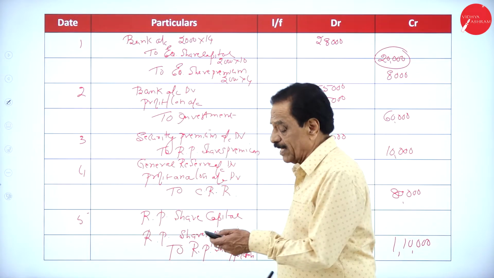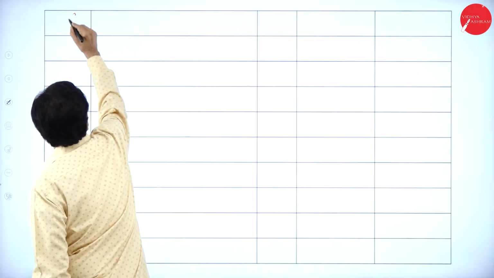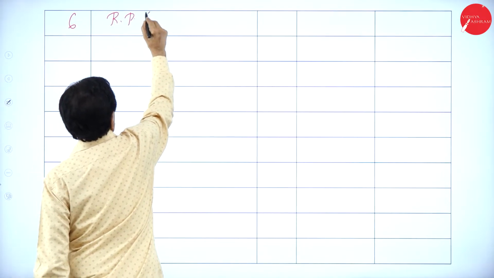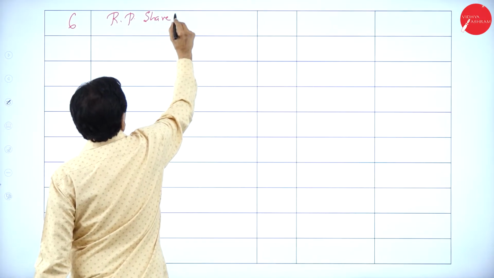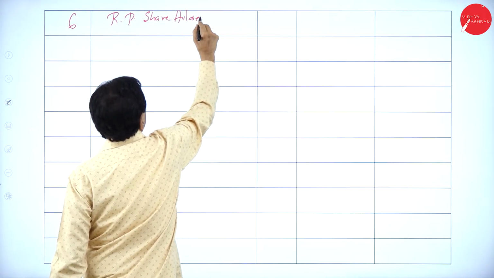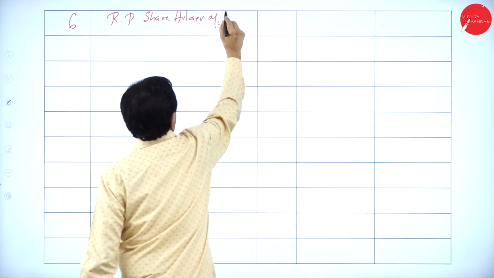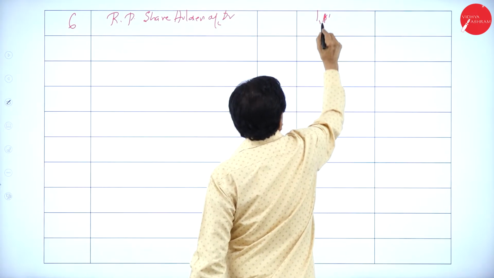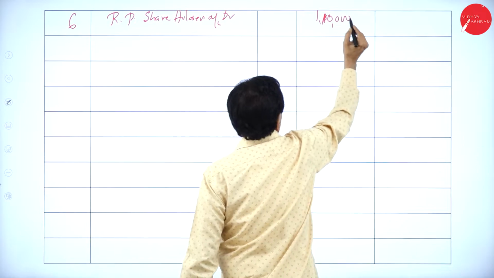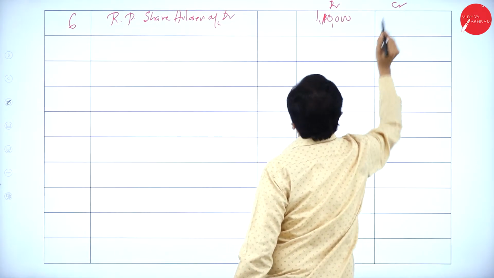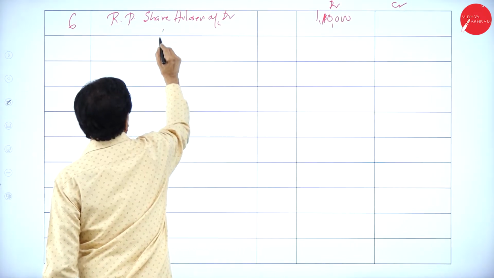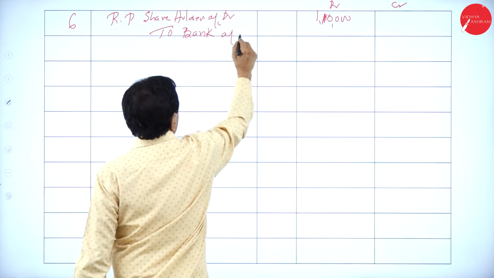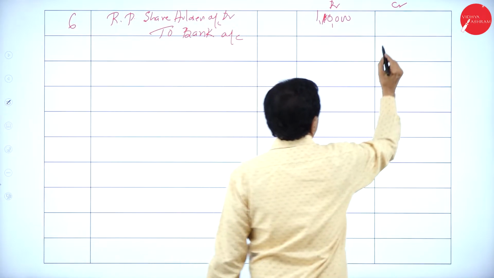Now you pay back. Sixth entry. Redeemable preference shareholders account debit 1,10,000 to bank account 1,10,000.